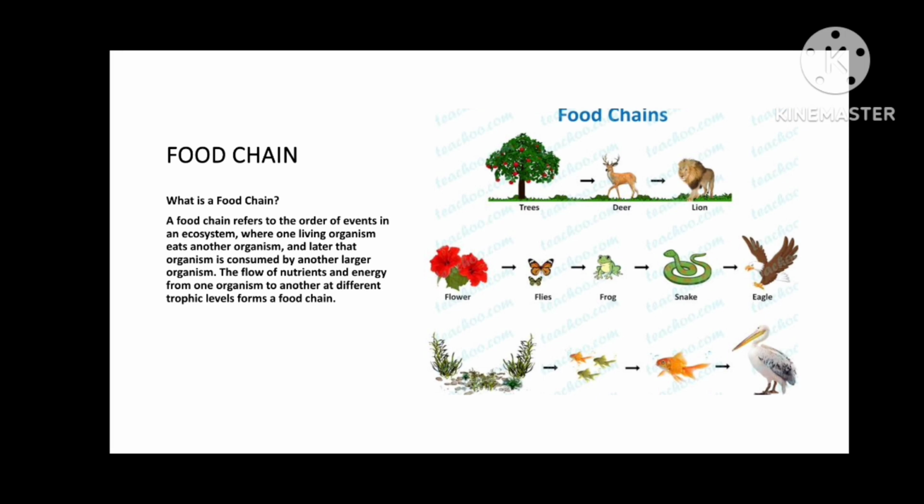This is the process in which one organism eats another and later that organism is consumed by another, in which the flow of nutrients and energy moves from one organism to another that ensures the survival of life on the earth.